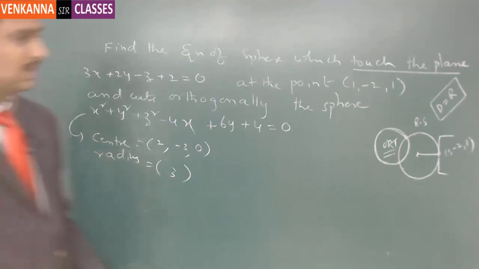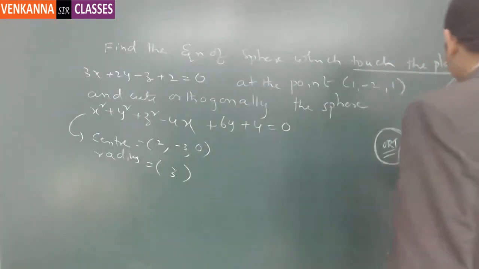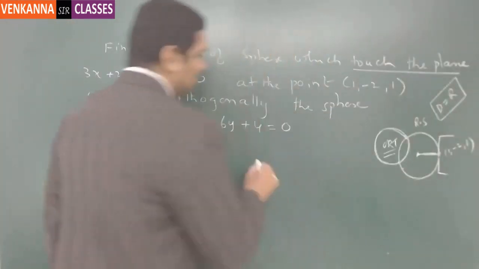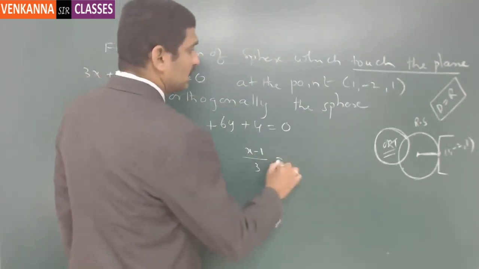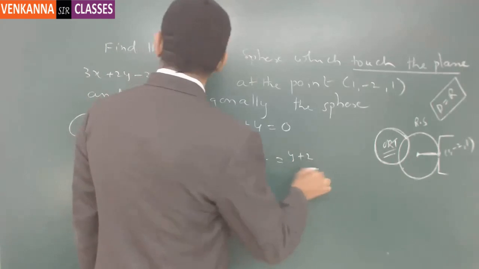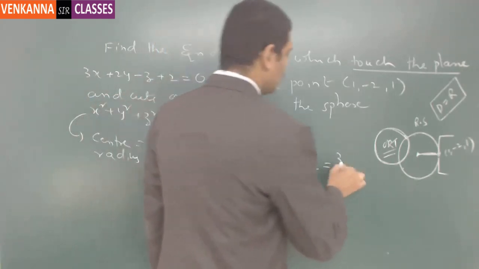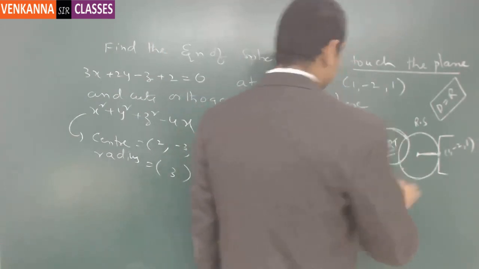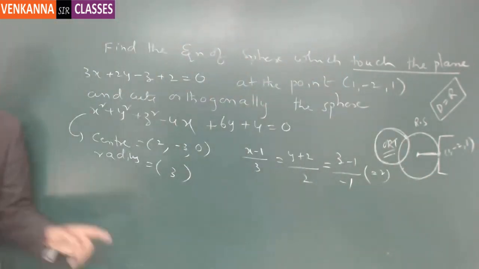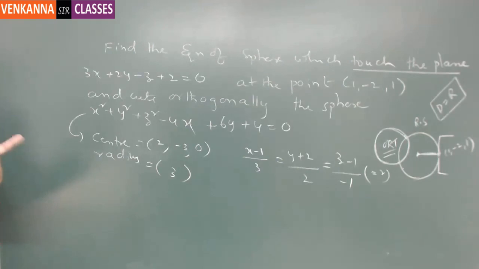Now if you write the distance line here, it is nothing but (x minus 1)/3 = (y plus 2)/2 = (z minus 1)/(minus 1) = r. So any point on the distance line will be of the same form.